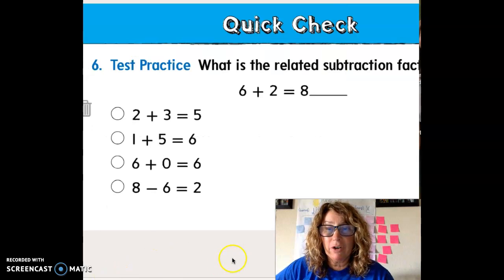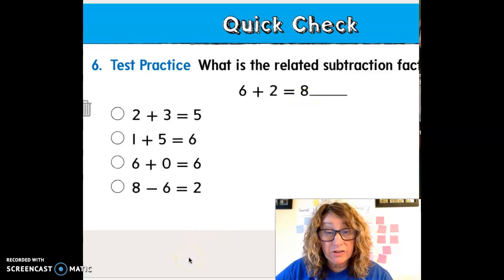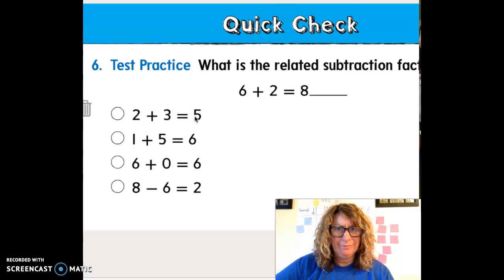Looking at our quick check here, what is the related subtraction fact for 6 plus 2 equals 8? Remember yesterday on Monday we worked on relating subtraction facts and addition facts. Out of these, which one is the related subtraction fact? Would it be 2 plus 3 equals 5? I don't know. Is that subtraction?